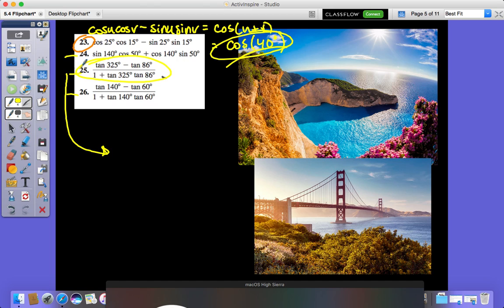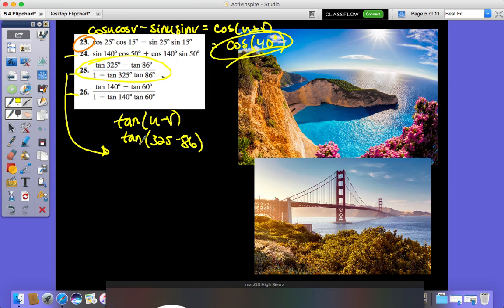What is u? 325. And what is v? Good. So then you're just doing tangent of 325 minus 86 on this one, and whatever you get, that's just your answer. You don't actually have to find it in this context.